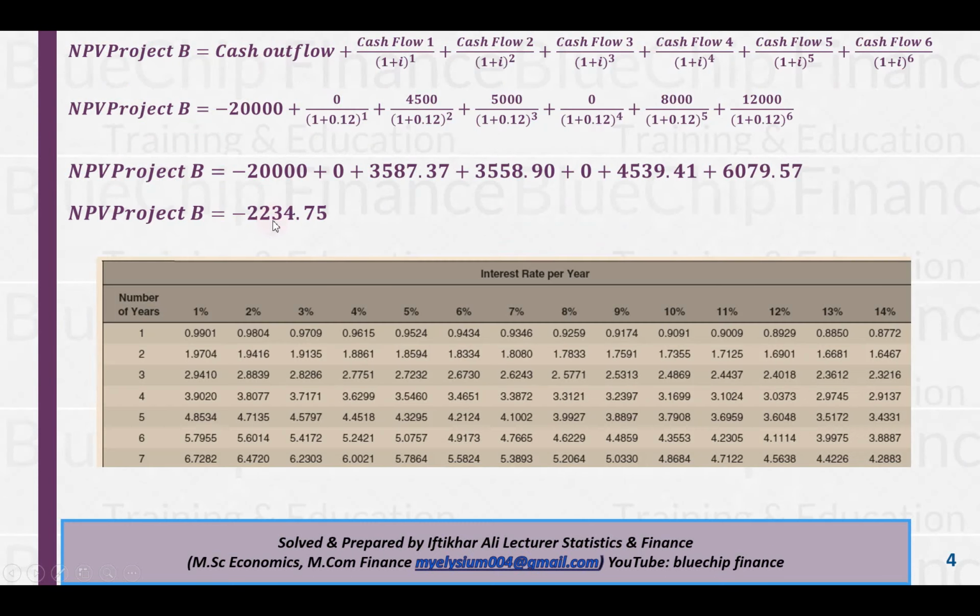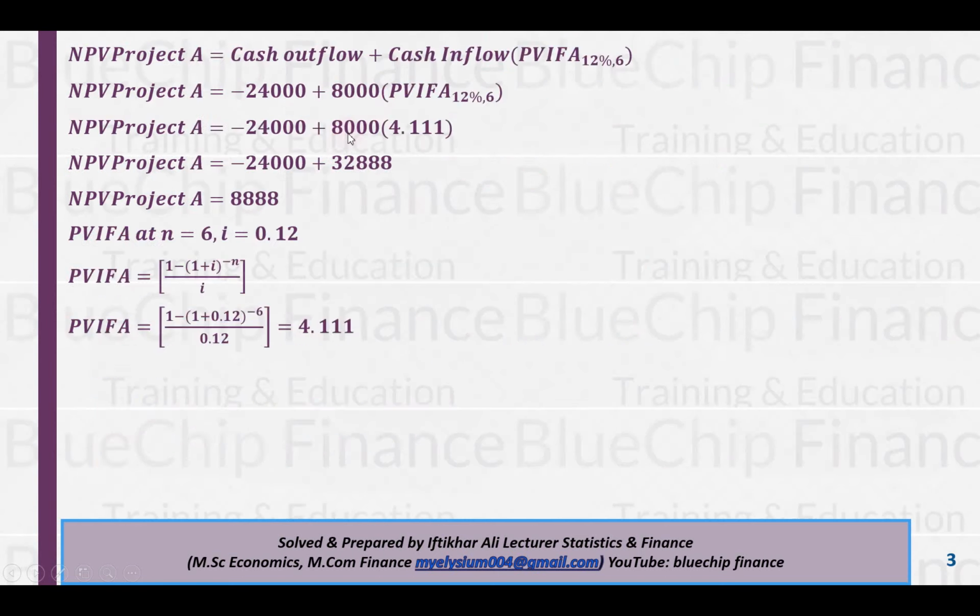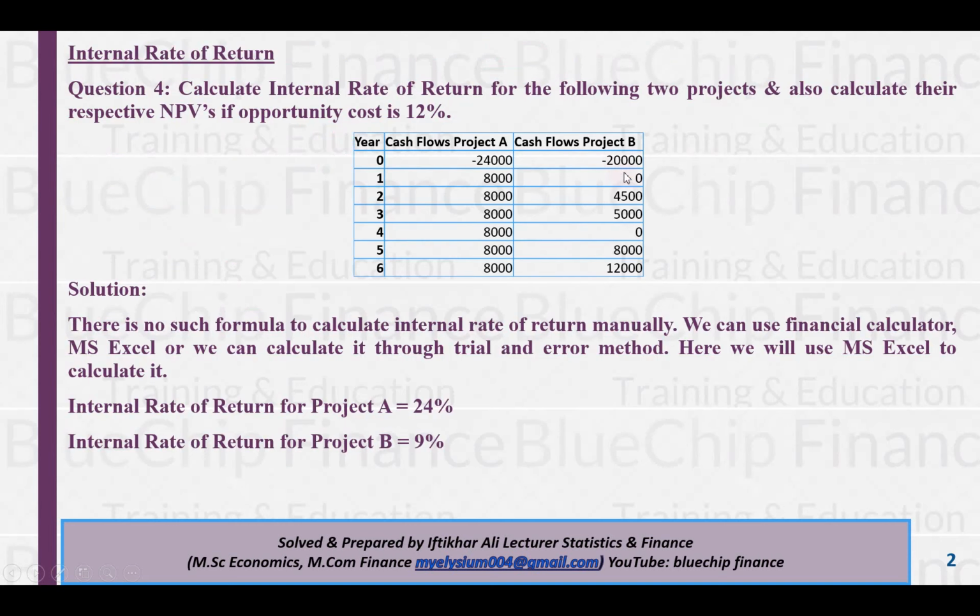But in case of project B, your cash outflow or initial investment is minus 20,000, and here we are going to break the formula and use present values. So at time 1, your cash inflow is 0.